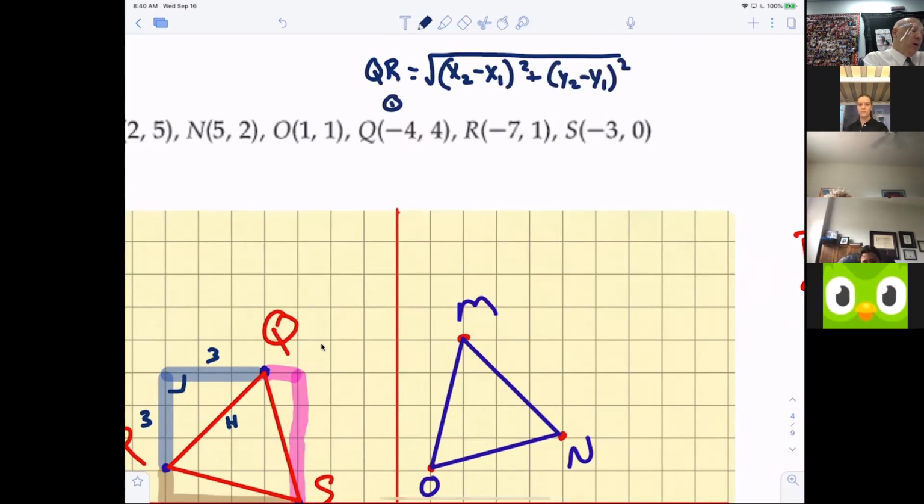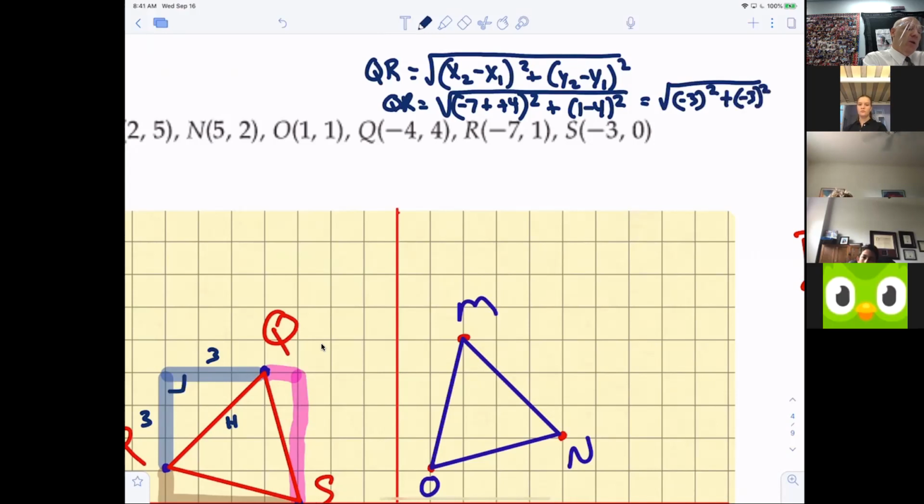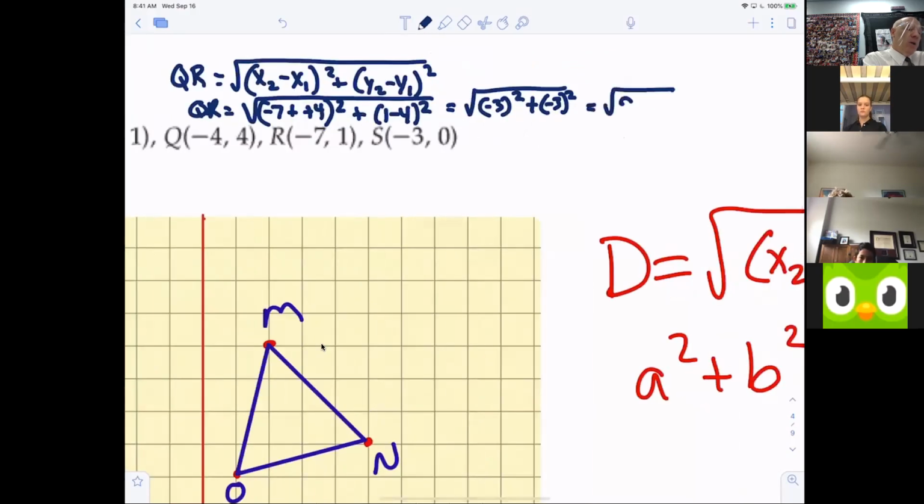So QR is equal to the square root of -7 minus -4 squared plus 1 minus 4 squared. That becomes a plus. -7 plus 4 is -3 squared plus -3 squared equals square root of 9 plus 9 equals square root of 18 equals 3 radical 2.